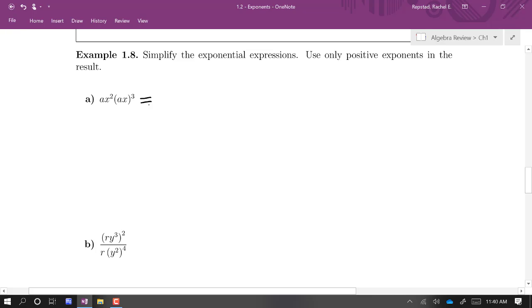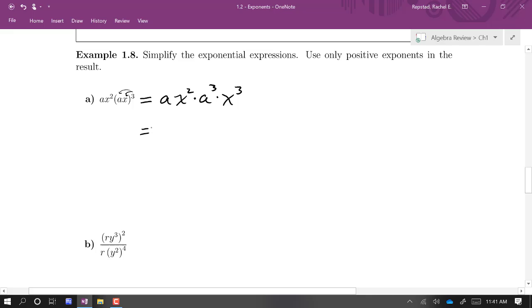So we begin with ax squared times ax cubed. So the ax is in parentheses there. And the first thing I'll do is apply the property that says I can distribute this exponent over multiplication. So I've got ax squared times a cubed x cubed. And now I'm going to rewrite this because multiplication is commutative.